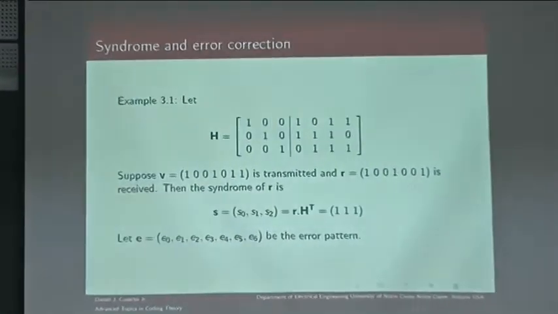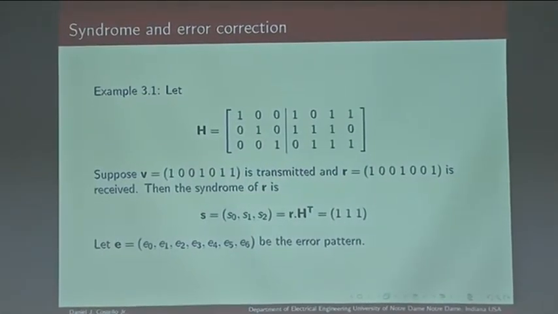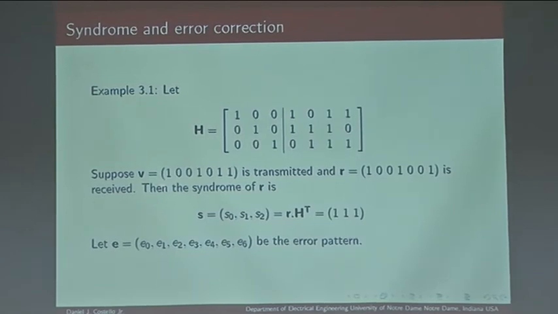So we can look again at this example. Here's our H. Let's suppose that this is transmitted, which is the code word corresponding to the top row. Oh, wait a minute. This is the H. This is not G. So let's just verify that this is a code word.